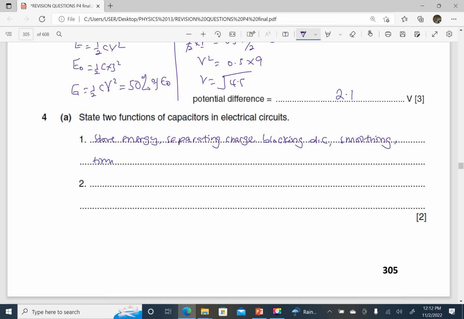Timing circuits to produce time delays. Capacitors are used in timing circuits. That is 4. Or that is 5, they are used in preventing sparks or arcing.